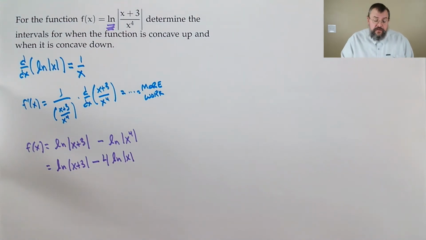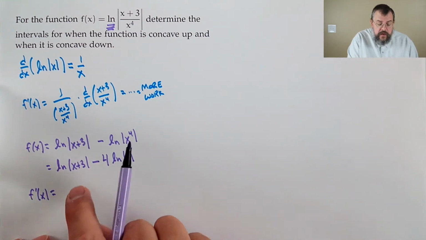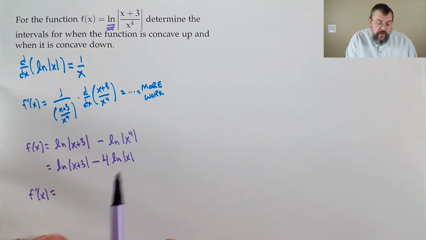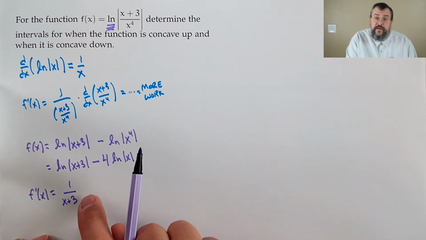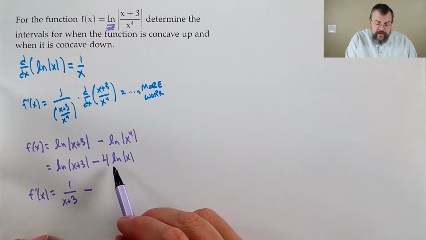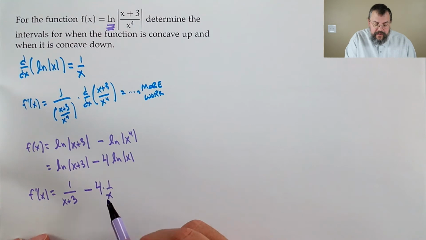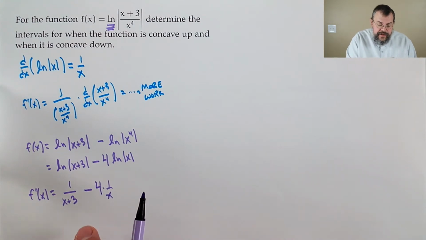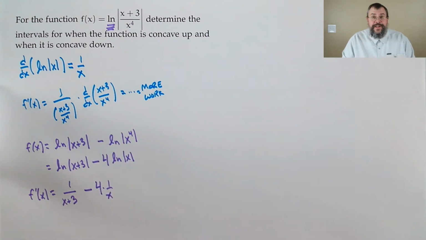Indeed, let's just take our derivative now. f prime of x would be the derivative of log of x plus 3, 1 over x plus 3, times the derivative of x plus 3, which is 1, minus the derivative of log absolute value of x, so there's a 4 times 1 over x. Aha! That's pretty good. It turns out that we didn't have to do so much work. We didn't need that quotient rule. And, okay, good. Phew, less likely to make a mistake.